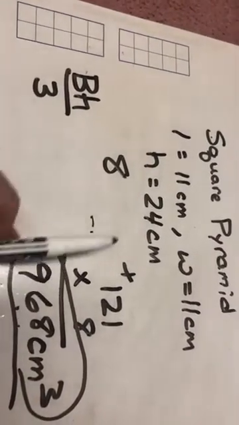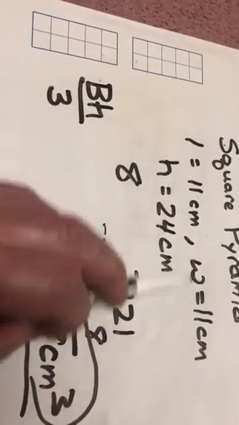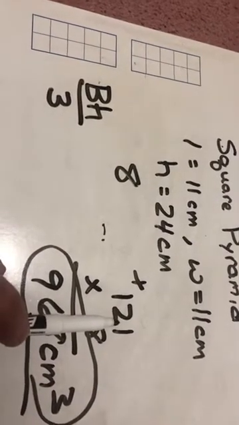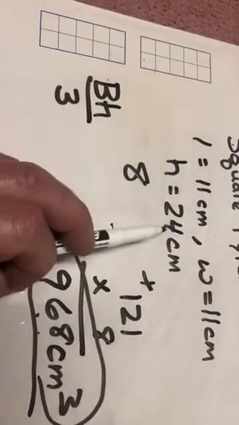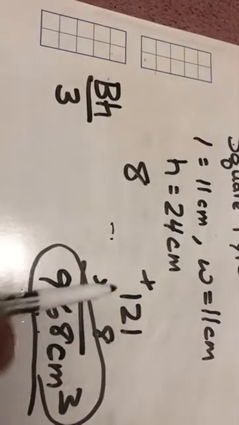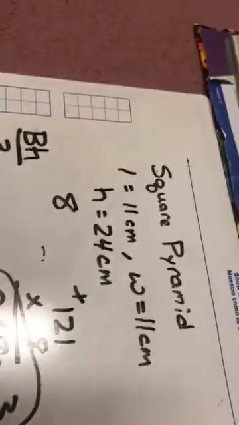We made it much simpler by just doing 11 times 11, which if we know our 11 times tables, we know that 11 times 11 is 121. And then I did my dividing of 24 by 3, which is 8. And then I just did 121 times 8, which is 968. Now, I want to look at one more thing so there's no confusion.